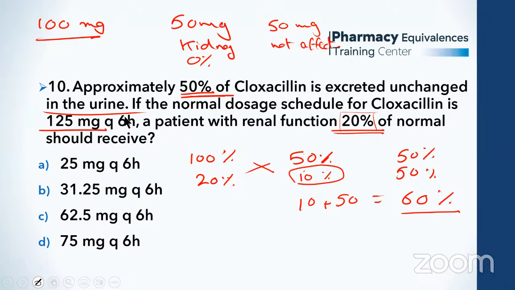So we should give 60% of the normal dose. You should multiply this 125 by 60%, or 0.6. It will be 75 milligram every 6 hours. Is it clear? Okay, this was the last question today.